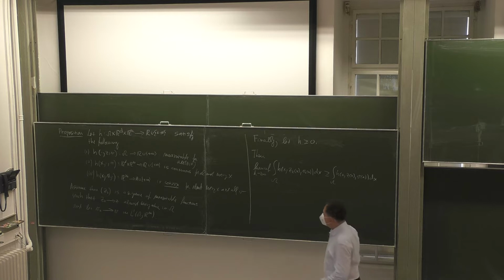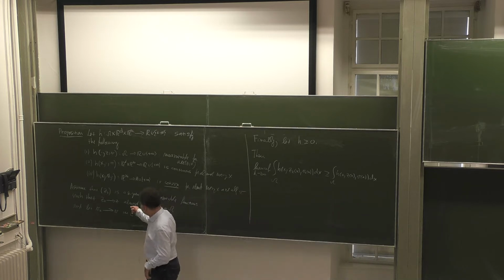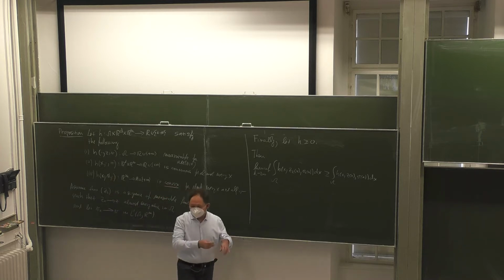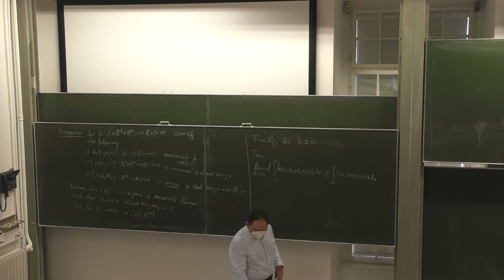So what you see here is that if we have pointwise convergence, then we don't care about convexity properties. We just need continuity here. And when we have only weak convergence, then we need convexity, similarly like in the result last Monday.